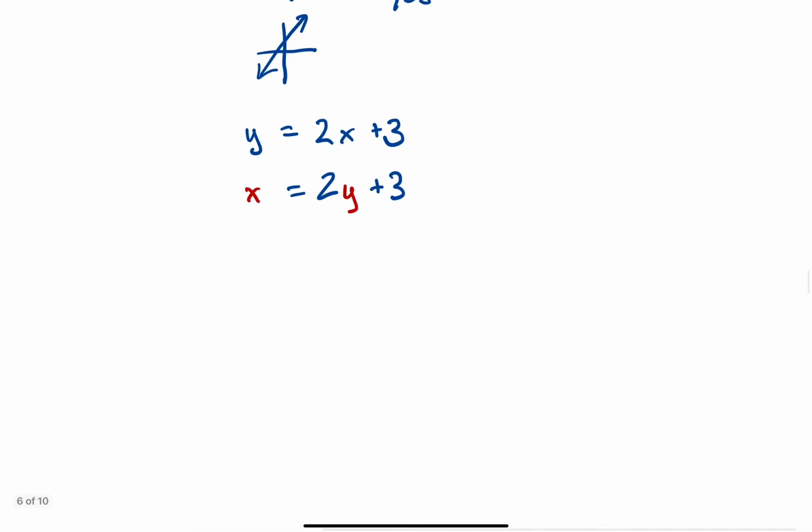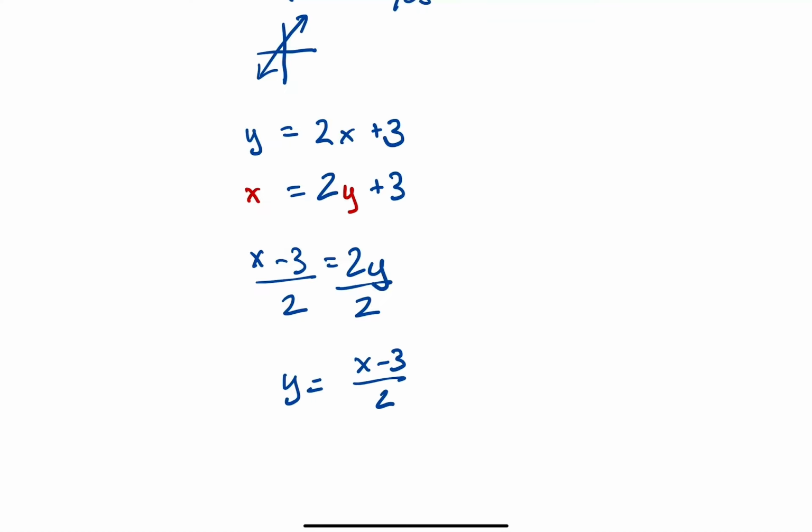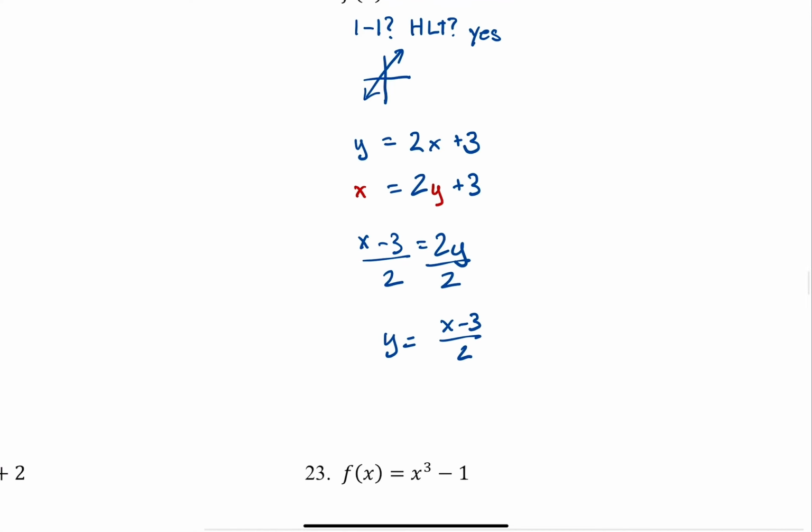And we solve for y. So we'll subtract 3, so we get x minus 3 is equal to 2y. Dividing both sides by 2, we get y is equal to x minus 3 over 2. And this right here is our inverse. That is f inverse, which is x minus 3 divided by 2.